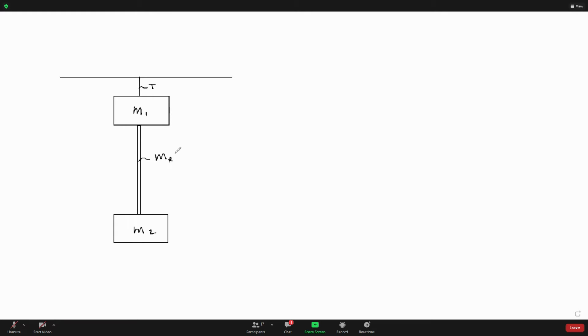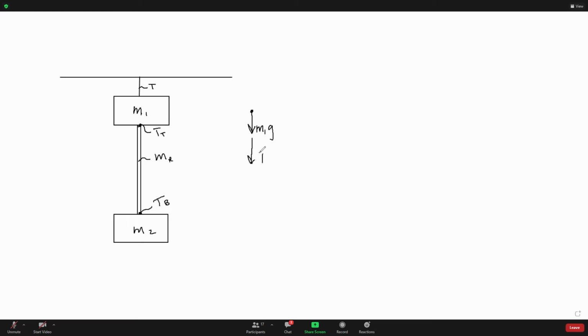Now let's also label the tension here as T at the bottom of the rope, and the tension here, T at the top of the rope. And let's do a free body diagram for each one of these. So for M1, I have M1 g acting downward.